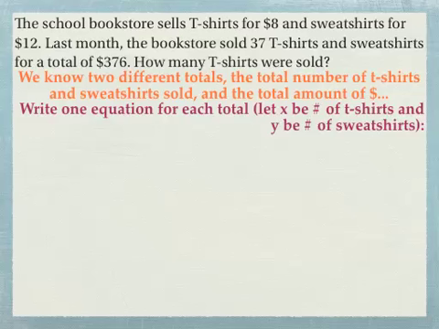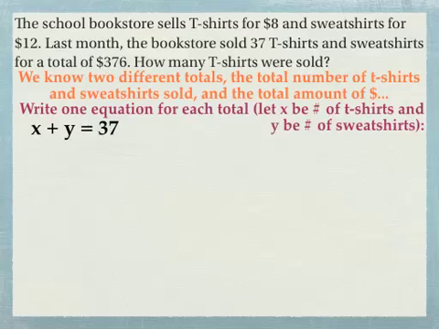So they tell us the price for sweatshirts, the price for t-shirts. They tell us how many t-shirts and sweatshirts total were sold, and they tell us the amount of money that was spent or sold of t-shirts and sweatshirts. The first equation that I can make is simply x plus y equals 37.